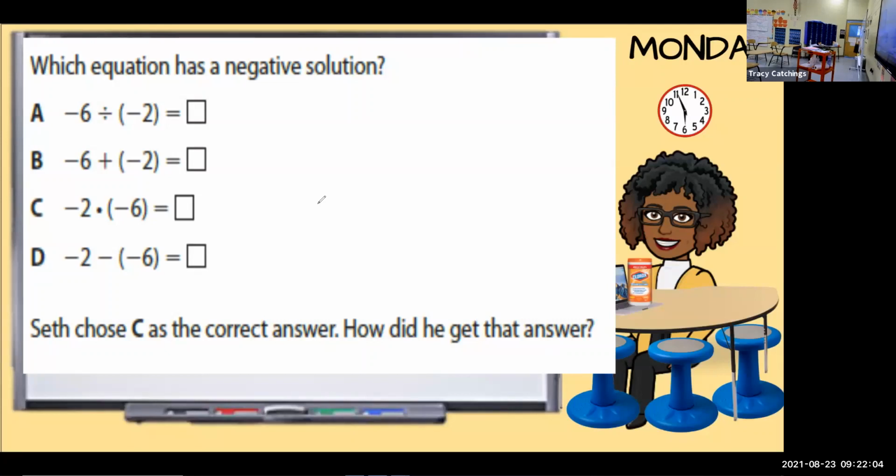All right, it says, which equation has a negative solution? Was anyone able to pick out an answer?